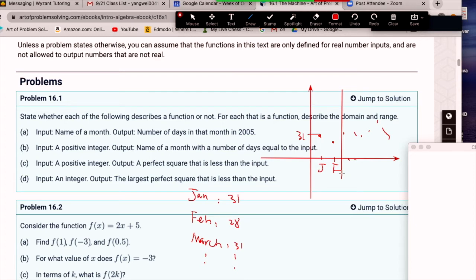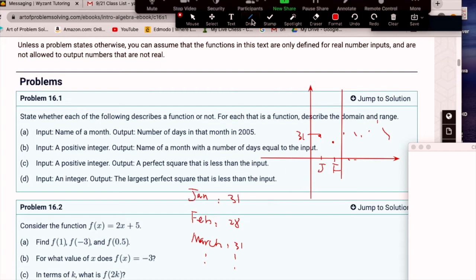Now, after we determine this one's a function, we need to know what is the domain, what is the range. So domain, that's all the choices for the variable x. For this case, that's all these 12 months. Name, January, February, you can write it like a set. The domain, usually we use the letter D to represent.